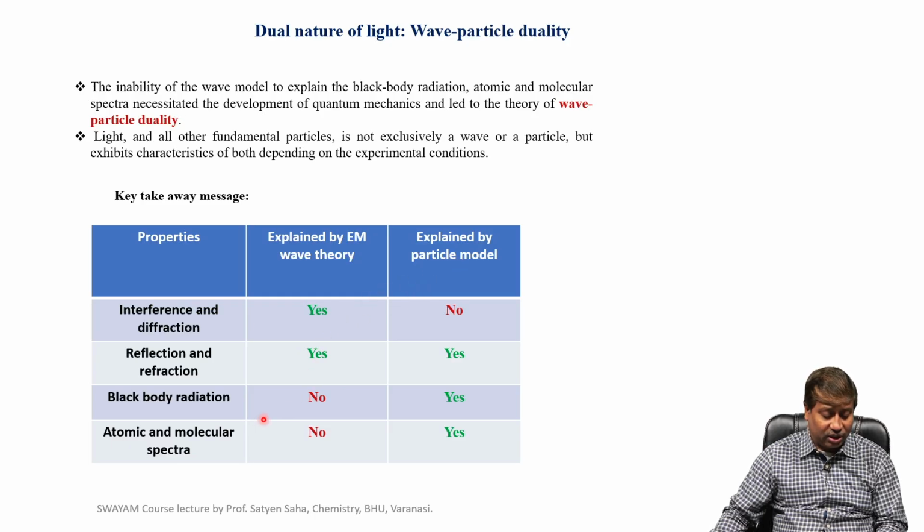But it cannot explain the blackbody radiation we have discussed, as well as atomic and molecular spectra, which need a discrete model. On the other hand, if you consider light a pure particle, then interference and diffraction, which need wave nature, cannot be explained, but other things can be explained.